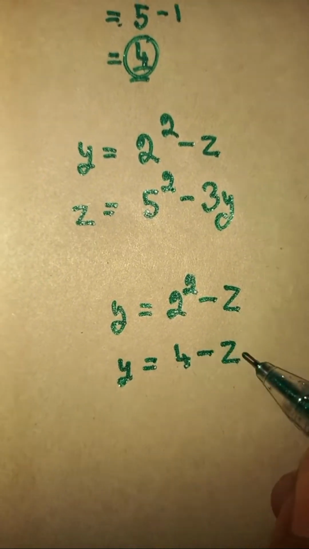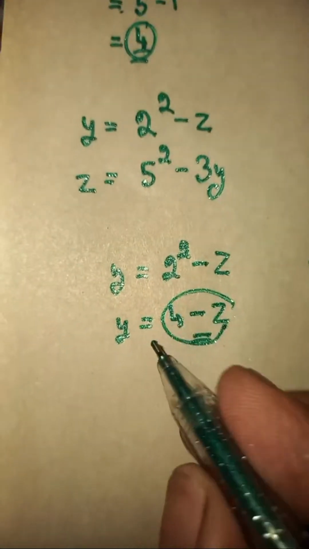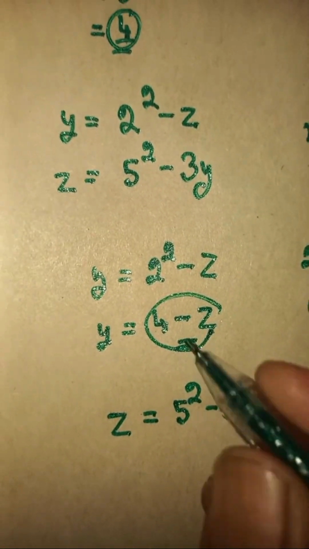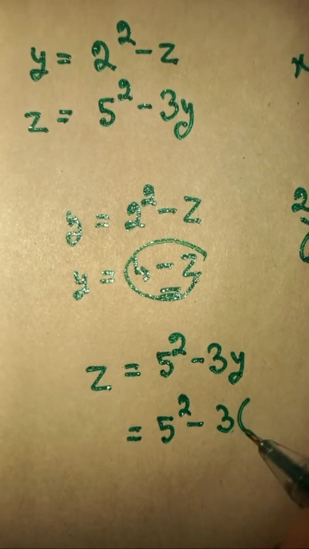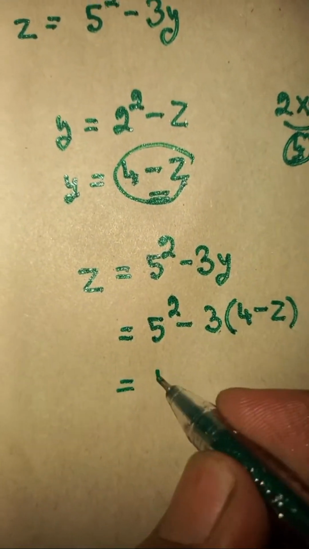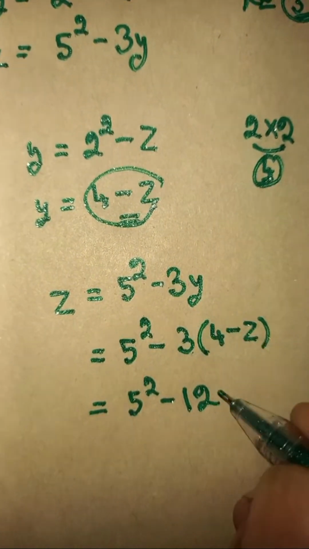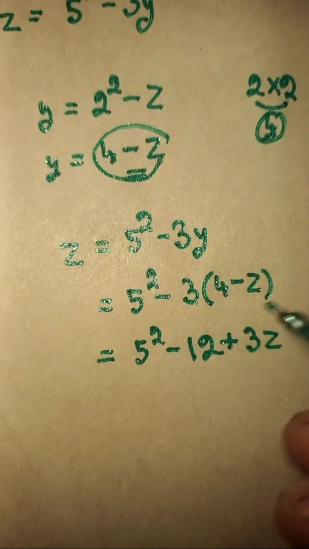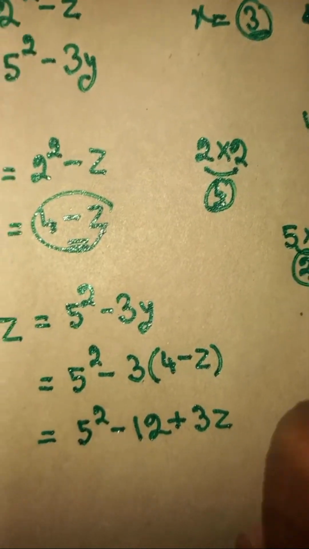This one you can plug into the second equation, that is z equal to 5 square minus 3y. Here 4 minus z is given, so 5 square minus 3 times 4 minus z. 3 times 4 is 12. Minus of minus becomes plus, 3 times z is 3z, and 5 square is 5 times 5, which is 25.